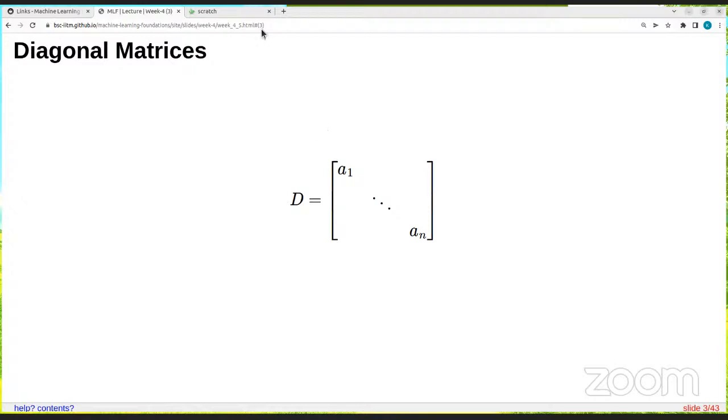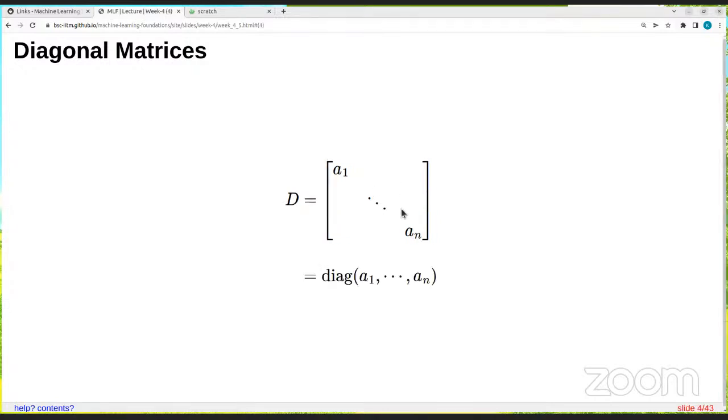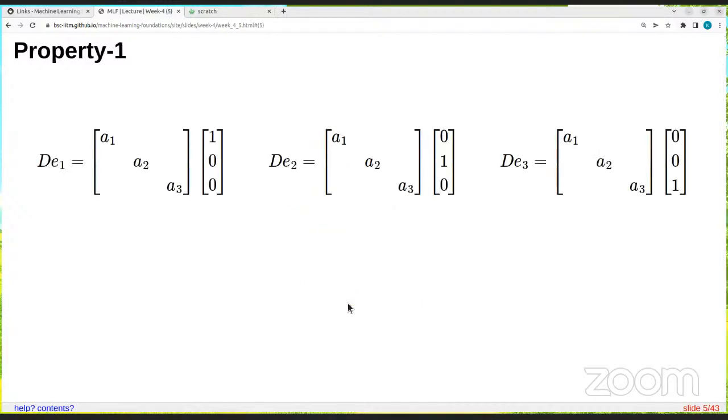Consider any diagonal matrix of this form: a1 to an are the diagonal elements, and the rest are all zeros. I have not displayed the zeros. You can also write this as diag(a1, ..., an). This is a simpler representation, since you need only n numbers to specify a diagonal matrix; you get rid of all the other noise.